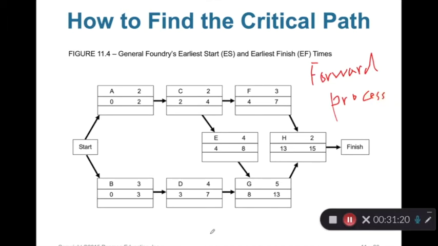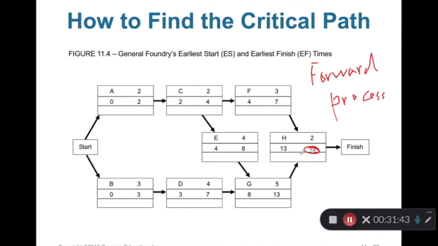Using the forward process, we can also figure out the completion time of the entire project, which is 15 weeks. So this project can be completed in 15 weeks. So this is the completion time for the entire project.